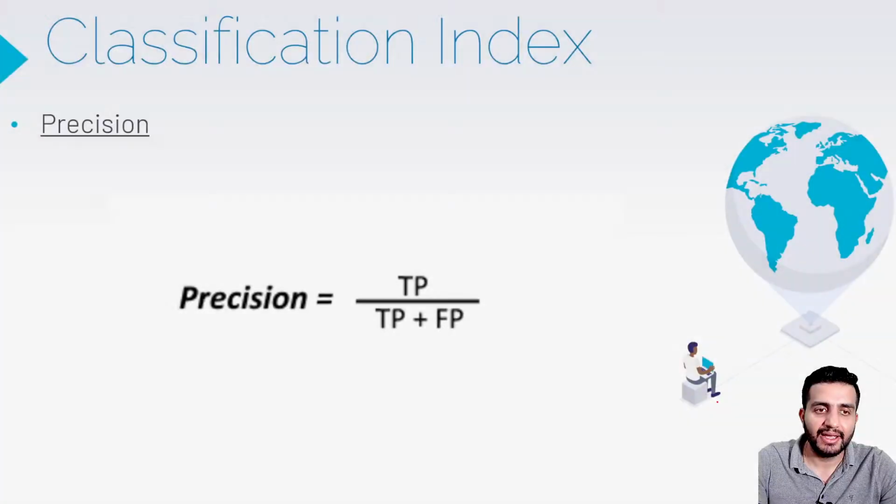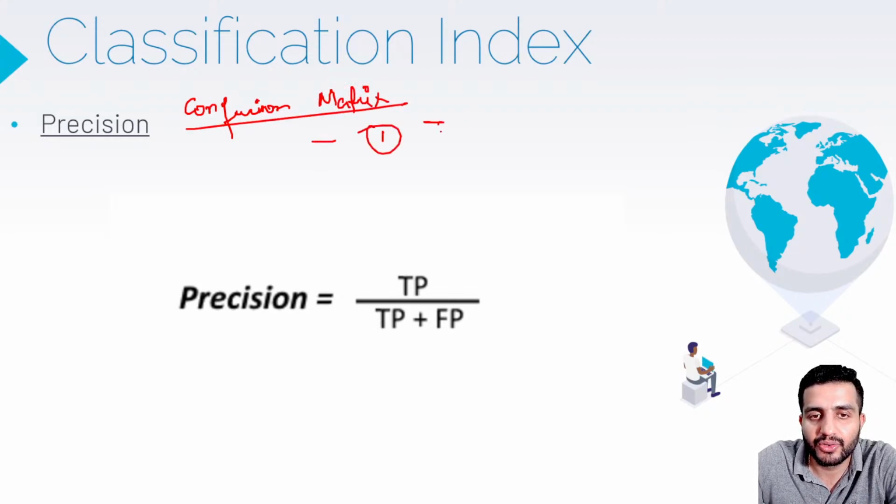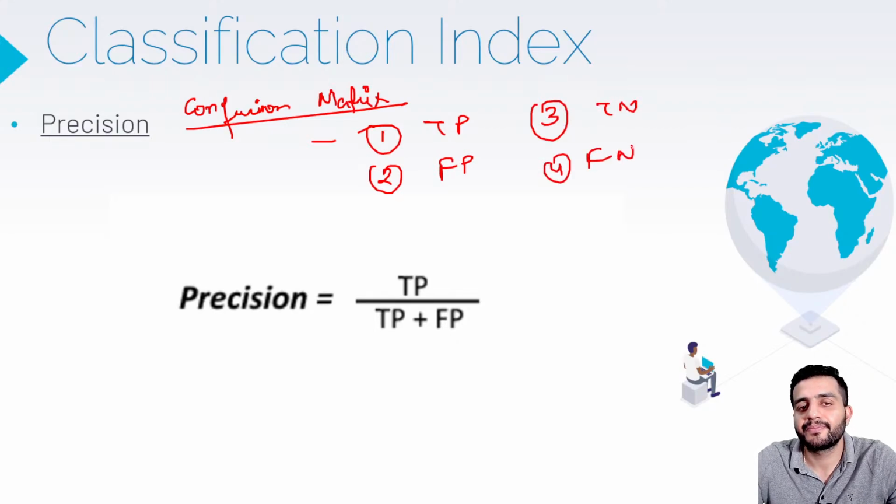Right. Chalo, moving ahead. Now, how do we use these matrices for our calculation purpose? Practically, we have 4 things from this confusion matrix. So what is this confusion matrix giving us? It is giving us 4 things: first, true positive; second, false positive; third, true negative; fourth, false negative.